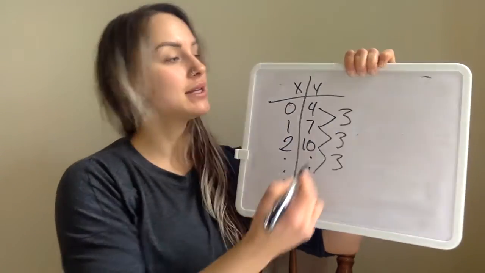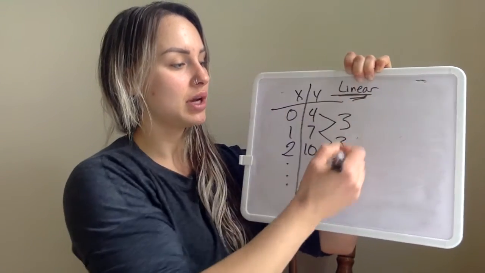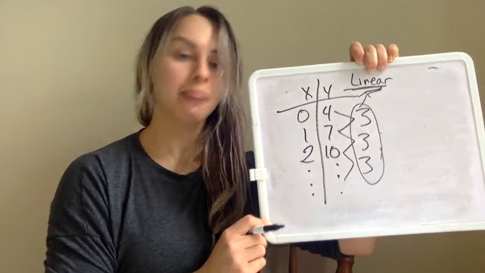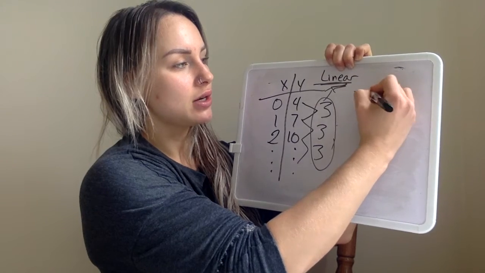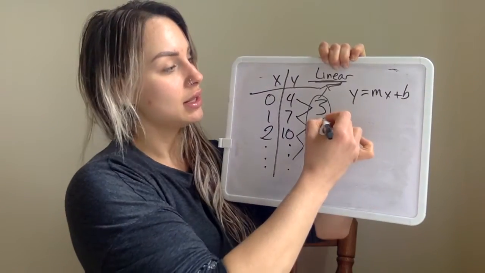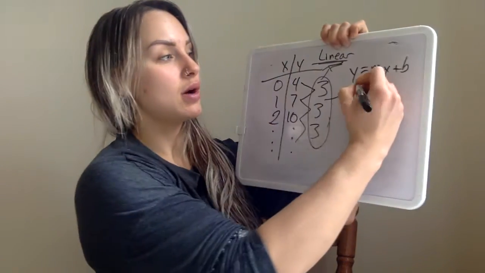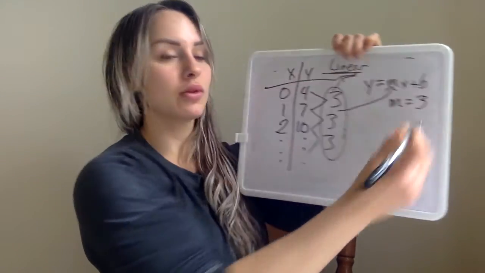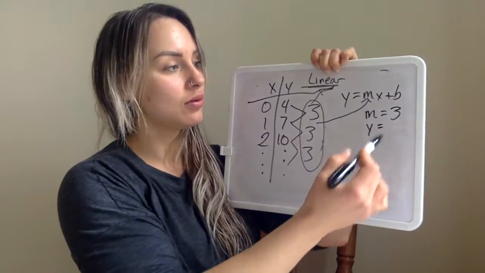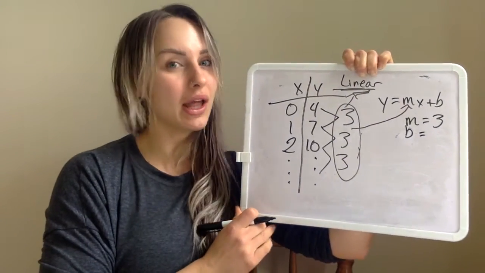And again, what this means is this line, first of all, is linear because this number is all the same. And this also tells us that in the equation y equals mx plus b, this number is our slope. So our m is equal to 3. And our b is equal to what?